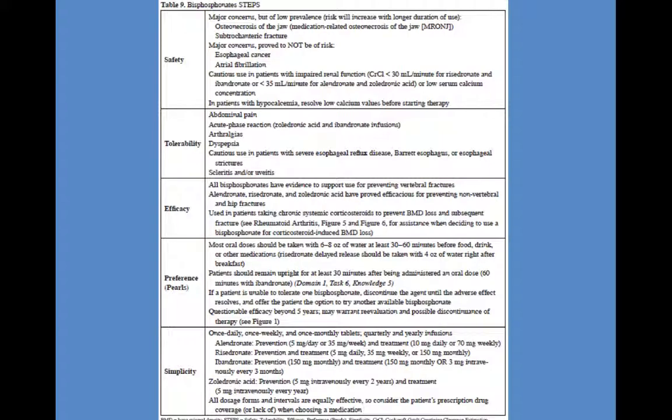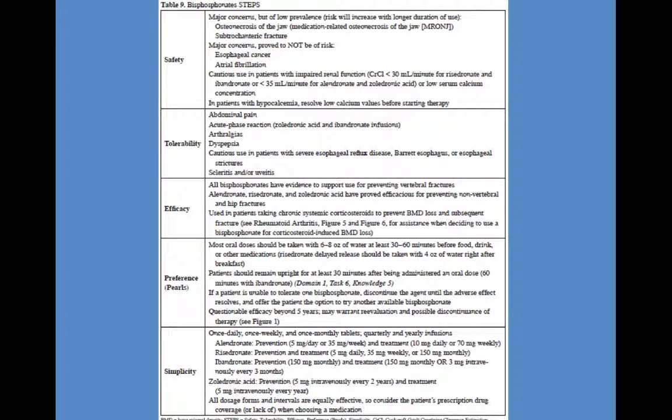And the infusions are zoledronic acid, and it's just a way for if patients are very non-compliant or they can't tolerate the oral medications, then they can have an infusion, and they would just have that at an outpatient infusion center. They go in, get their infusion, and then they leave.